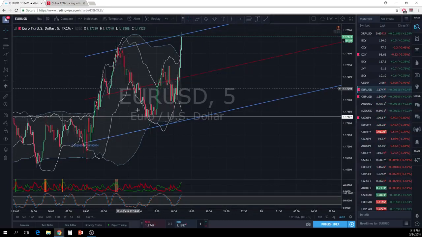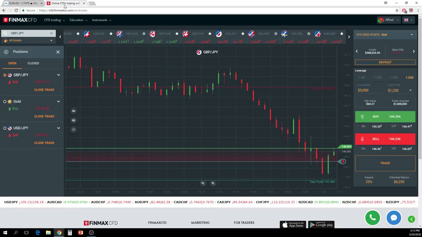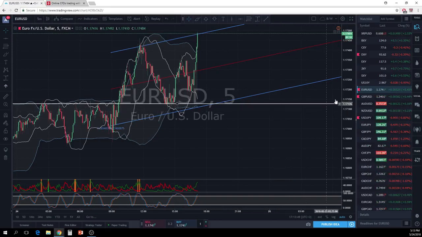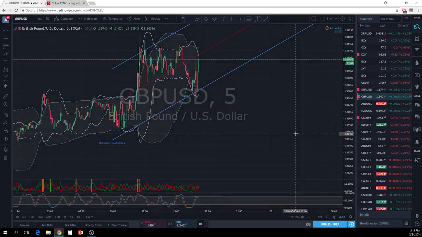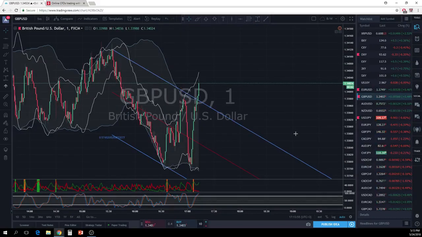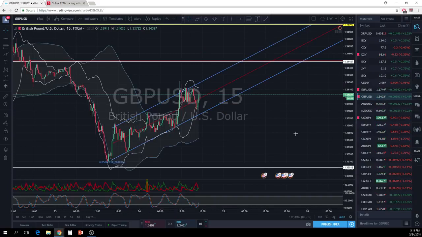Okay, let's take a look. British pound US dollar as well. In a very short period of time, it's increasing fast.